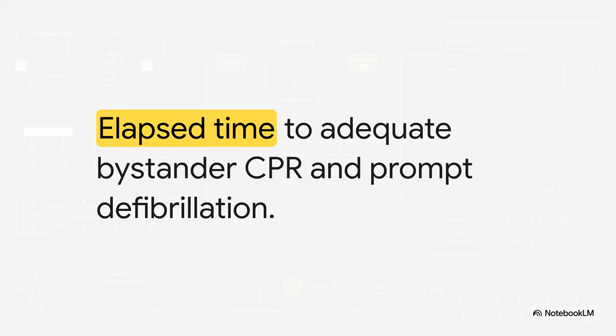For those shockable rhythms, you emphasize continuous bystander CPR, prompt defibrillation, epinephrine, and you push amiodarone after the third shock. For non-shockable rhythms, you rely on CPR and epinephrine. And for all arrests, you have to immediately hunt for the reversible causes, those classic 5 H's and 5 T's.